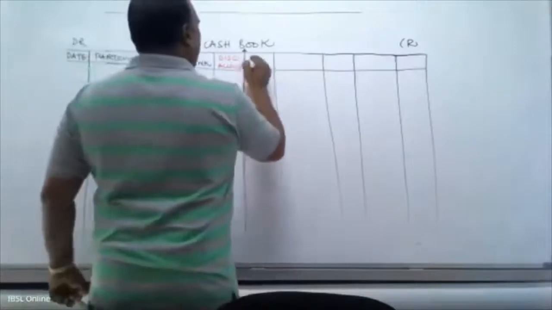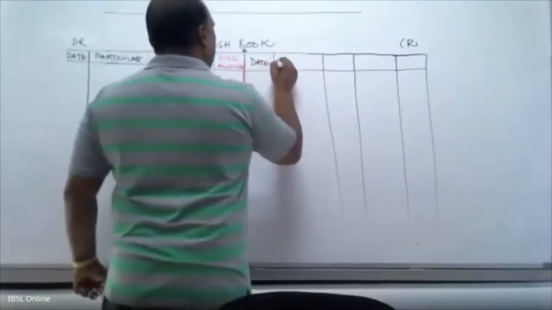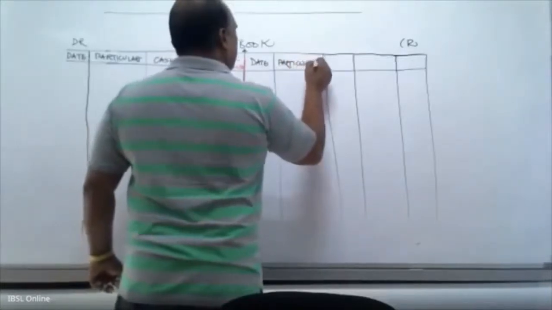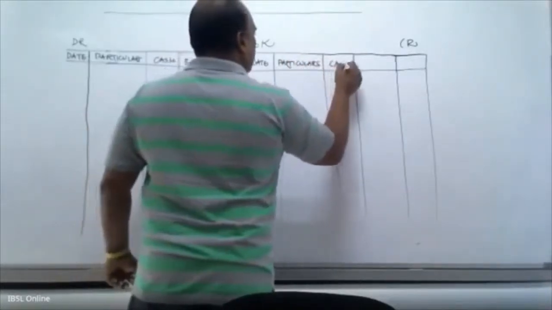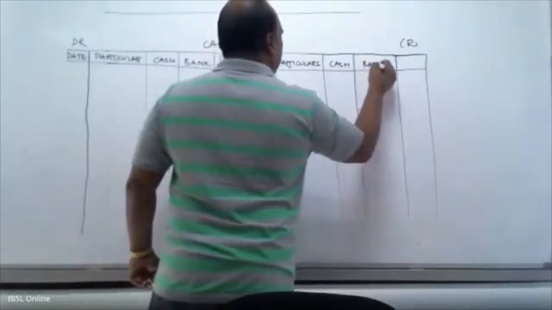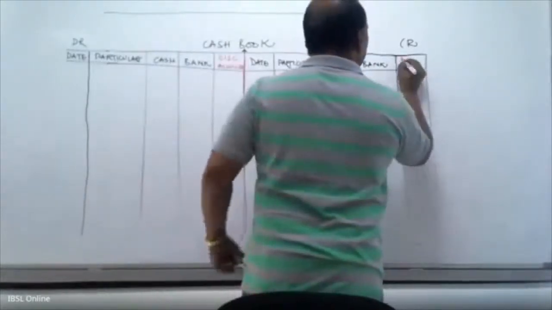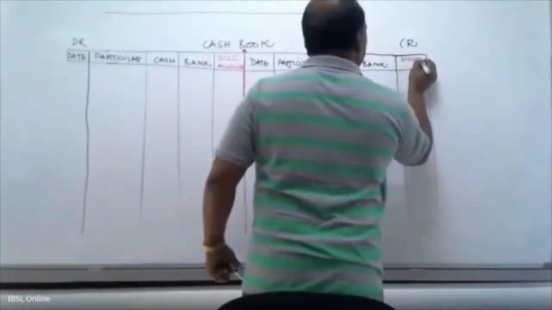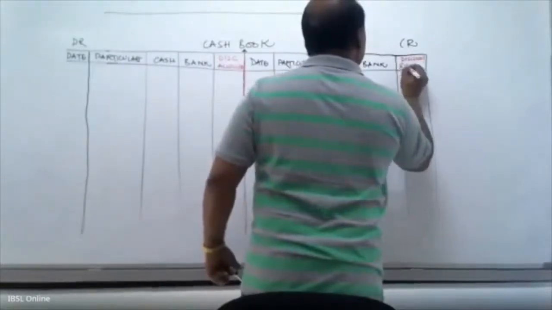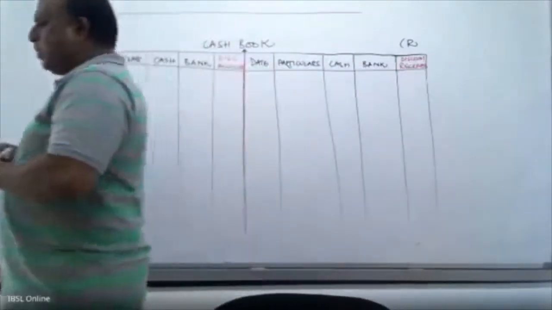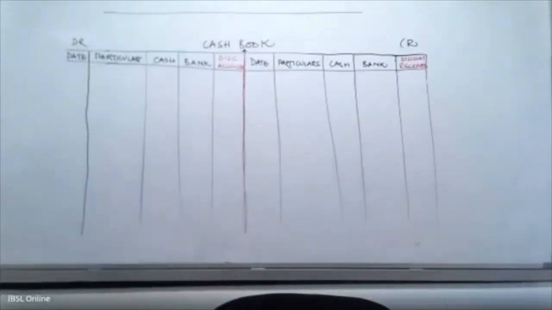And here again, date, particulars, cash, bank, and again here we have discount received. You see the two types of discounts that we spoke about, trade discount and cash discount.